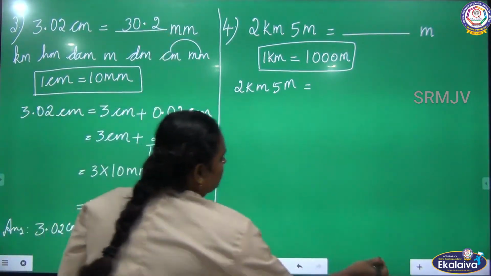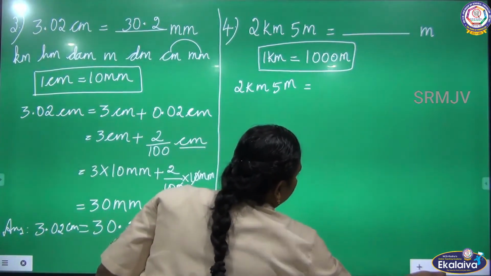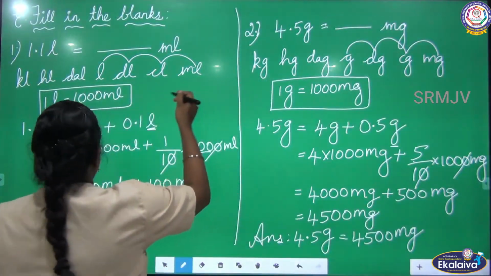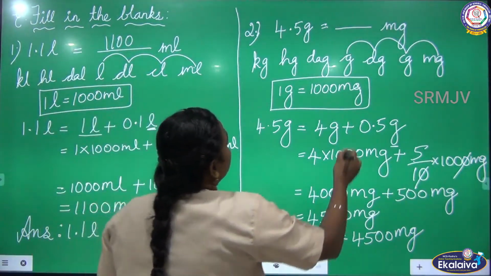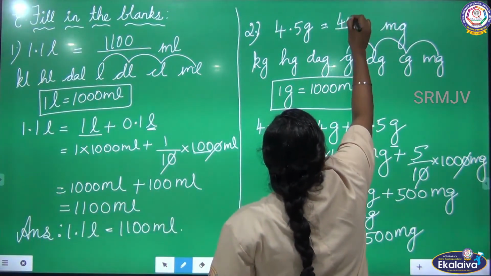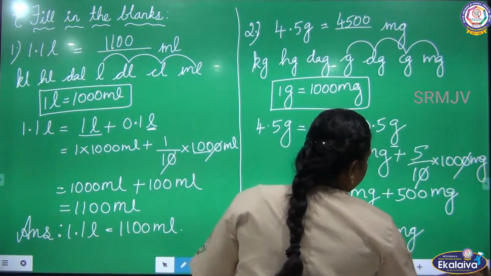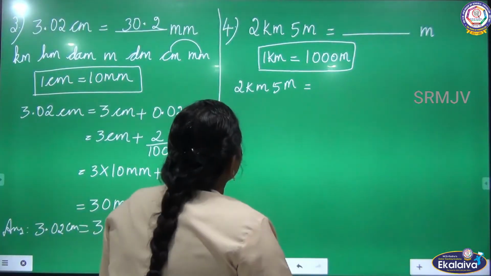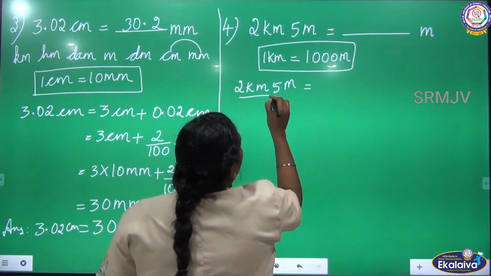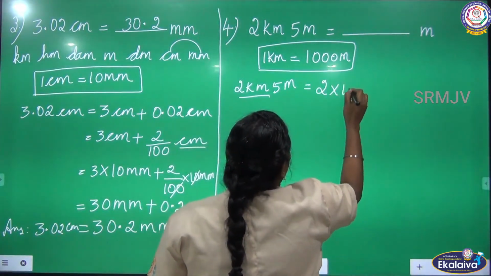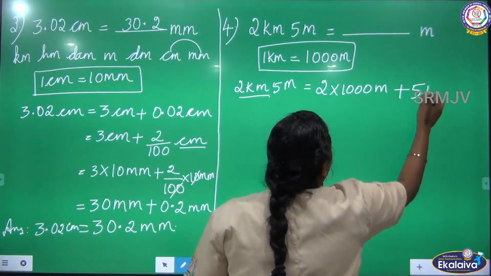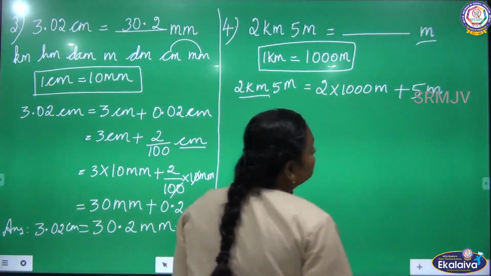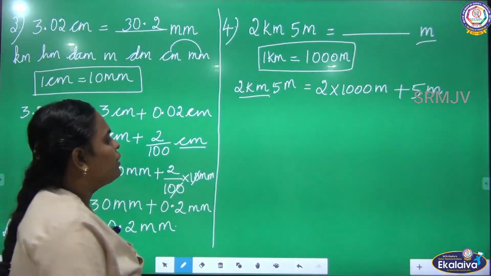So 2 kilometer 5 meter equals, here we will write the answer. So 2 kilometer equals 2 into 1000 meter plus 5 meter, because we are going to convert into meter, so we can add 5 meter.